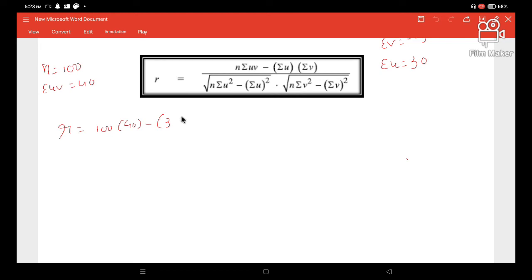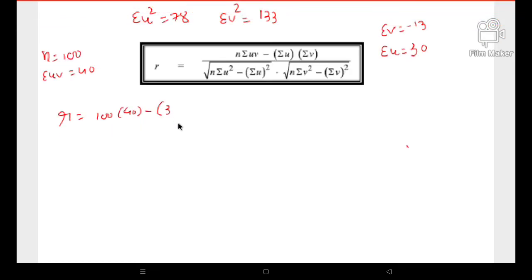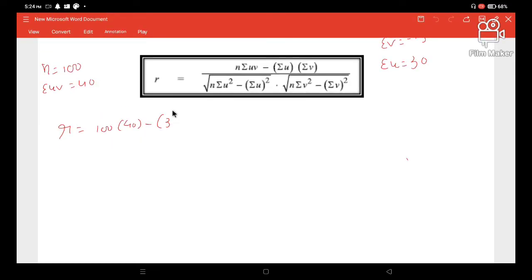our v square is 133. So our sigma u was 30, and this is minus 13.